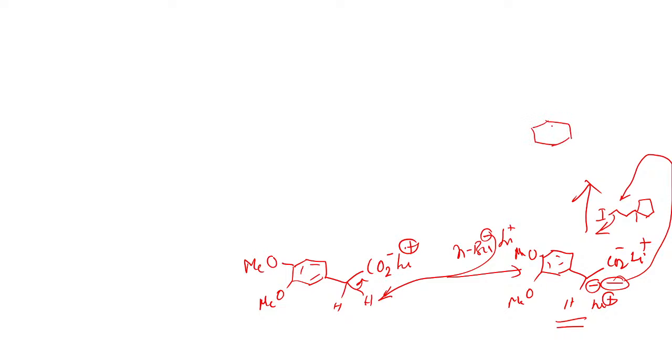First, you add 2 equivalents of n-butyllithium. You form the carbanion, which acts as a nucleophile and undergoes substitution reaction with this alkyl iodide to give this salt, which upon workup gives the carboxylic acid as a product.